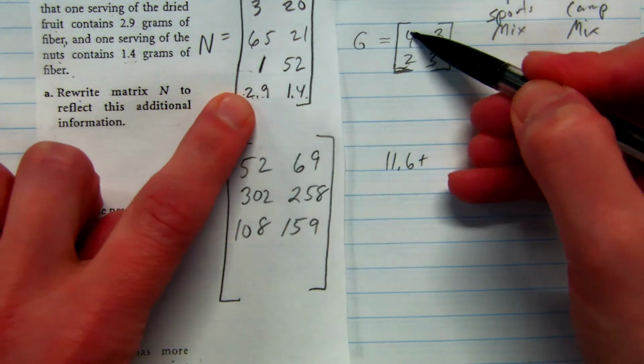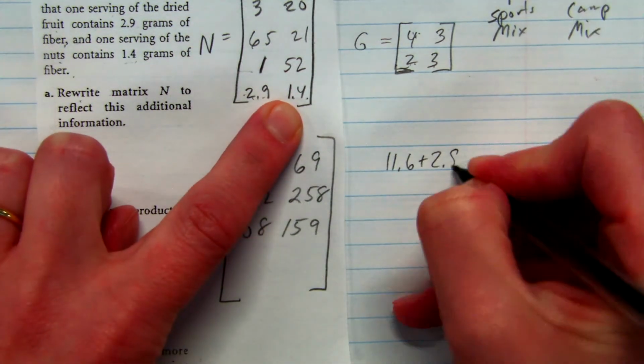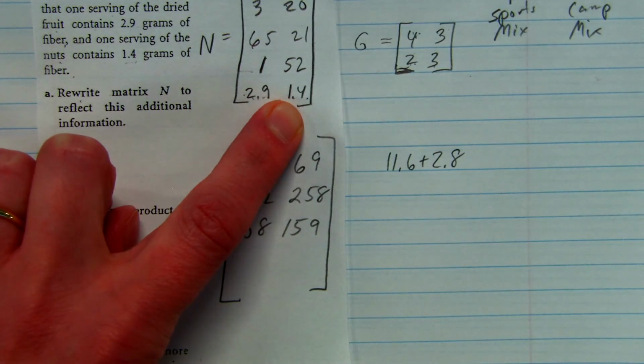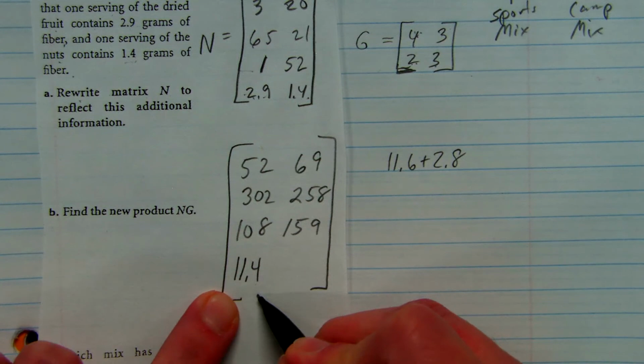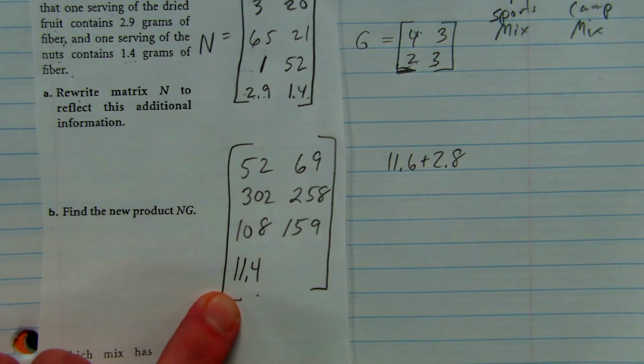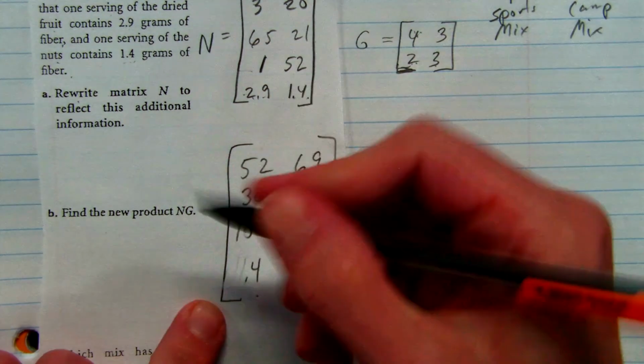Yes, that times this. And then this times this, 1.4 times 2. So that's plus 2.8. If we add those, we get 11.4. So this would be the fiber for the sports mix. We now know how much fiber is in the whole thing. Oh, 14.4. I left a number out. Sorry, 14.4, thank you.